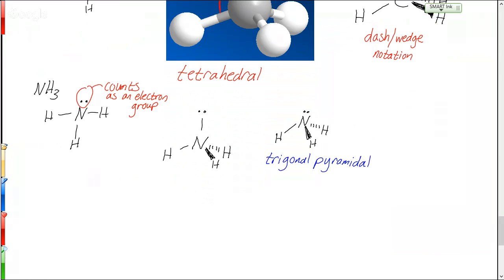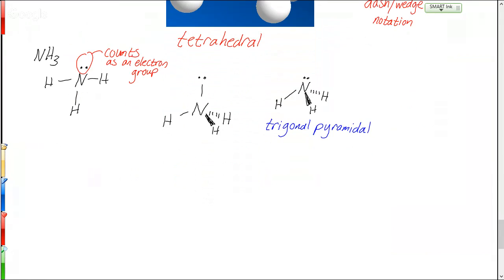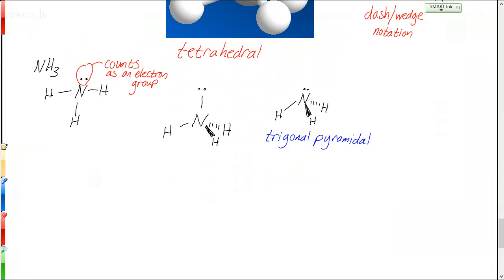I just want to make sure I'm using the right terminology from the book. So in this case, we're going to use 2 different terms. We're going to talk about the electron geometry, which in this case would be tetrahedral.